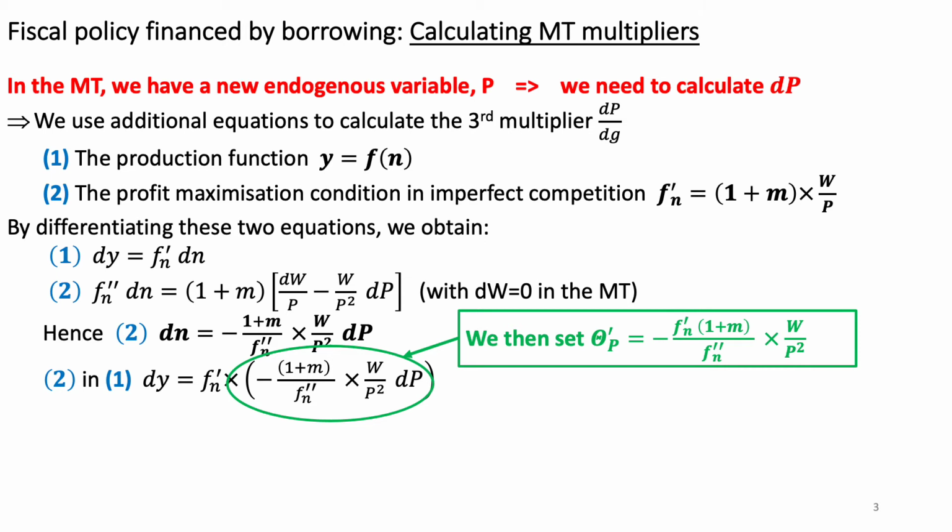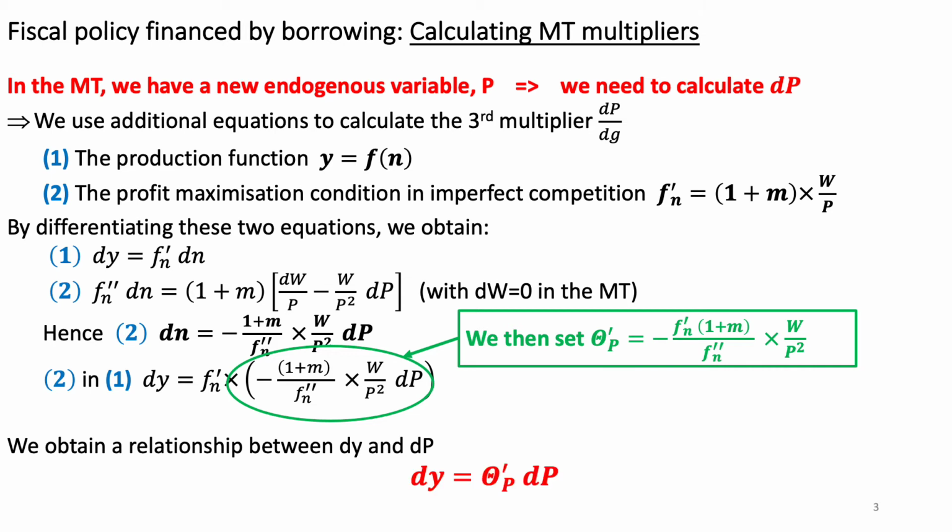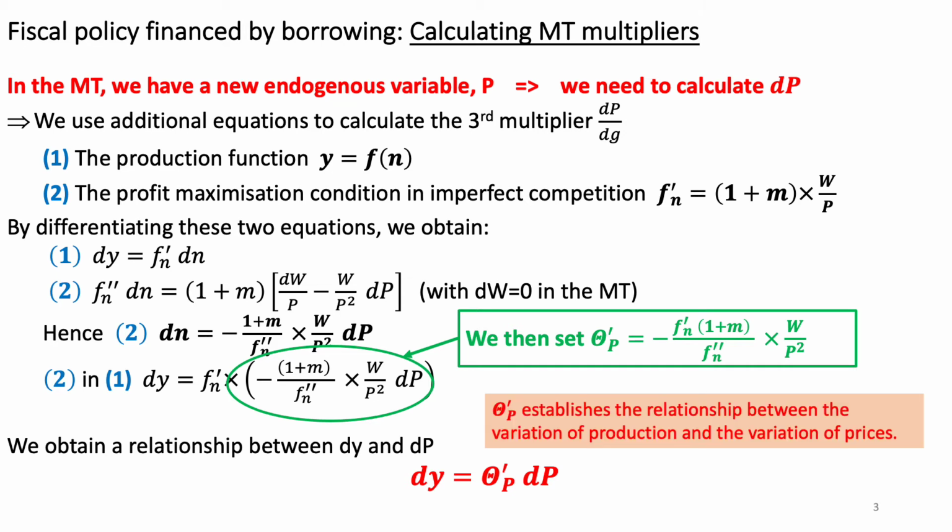If we call that expression, which is a little bit complex, theta p, we can then obtain a relationship between dy and dp, such as dy equals theta prime times dp. This theta prime therefore establishes a relationship between the variation of the production and the variation of prices.